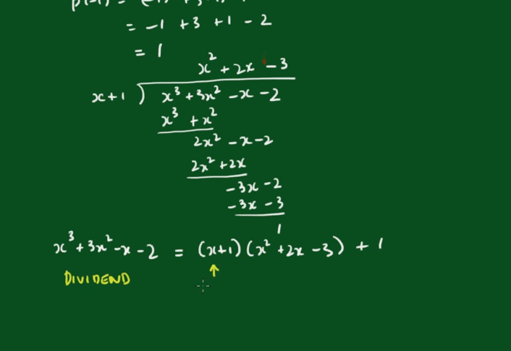This is our divisor. This is our quotient. And this is the remainder. Which of course means that hasn't been factorized.